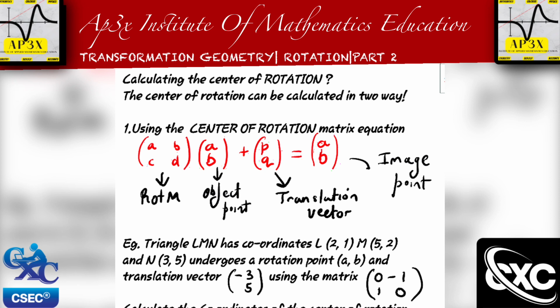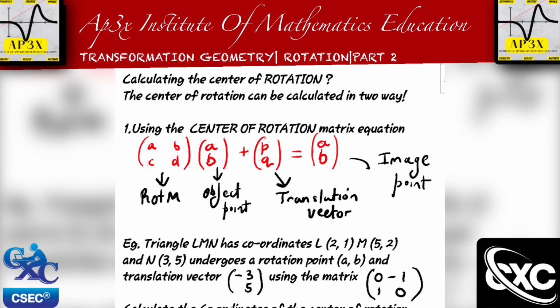Now, the first one that I want to show you is how to use this very equation here on screen. This is called the center of rotation matrix equation, or the mapping of the center of rotation onto itself. When the origin is not the center of rotation, then the rotation is actually equivalent to a rotation about the origin combined with a translation.